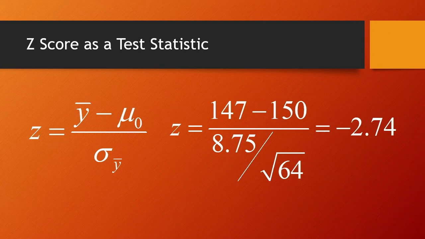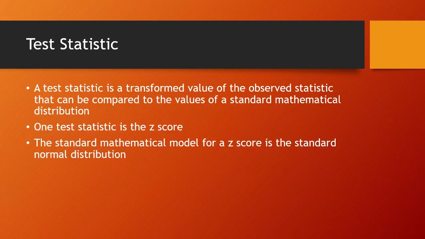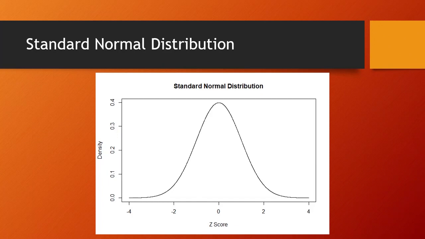Now let's talk about how we can use that to conduct a hypothesis test. The standard mathematical model for a z-score is the standard normal distribution. Here's a picture of the standard normal distribution. You may recall that the scores on a standard normal distribution are z-scores.